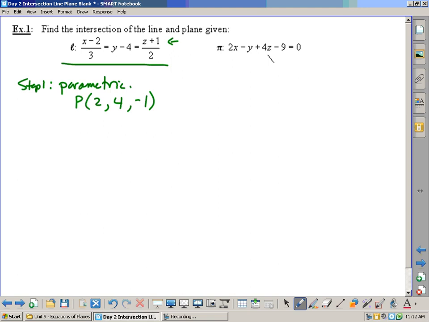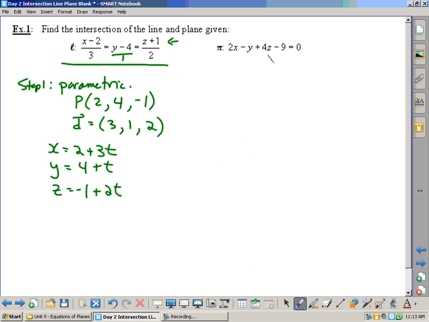And the direction vector is the direction numbers on the bottom, which in this case is (3, 1, 2), remembering that this is over 1. We have these two bits of information and we can write it in parametric form. So x = 2 + 3t, y = 4 + 1t, and z = -1 + 2t.